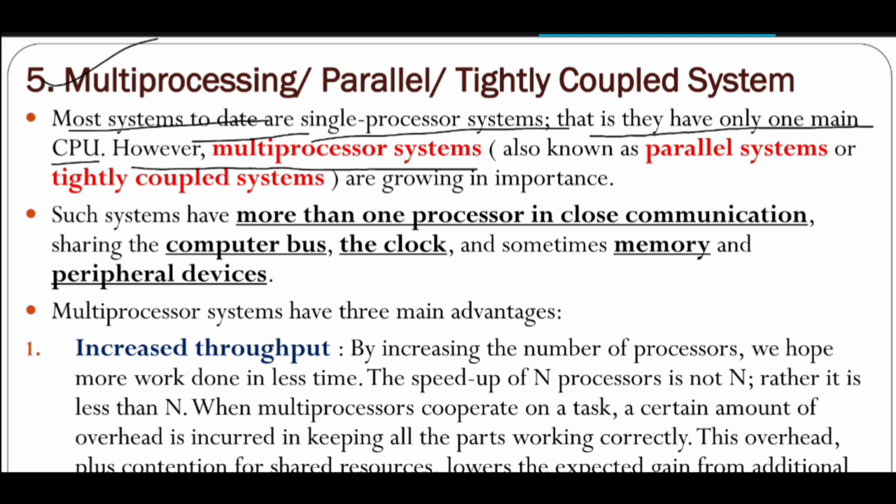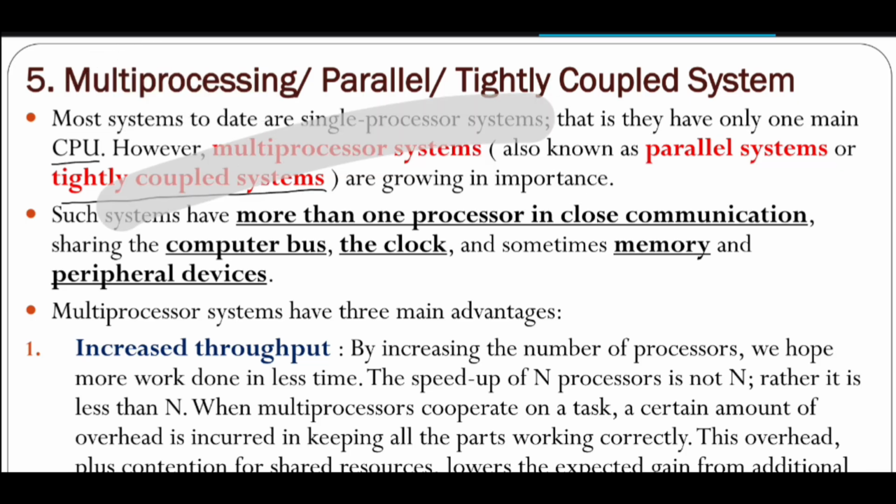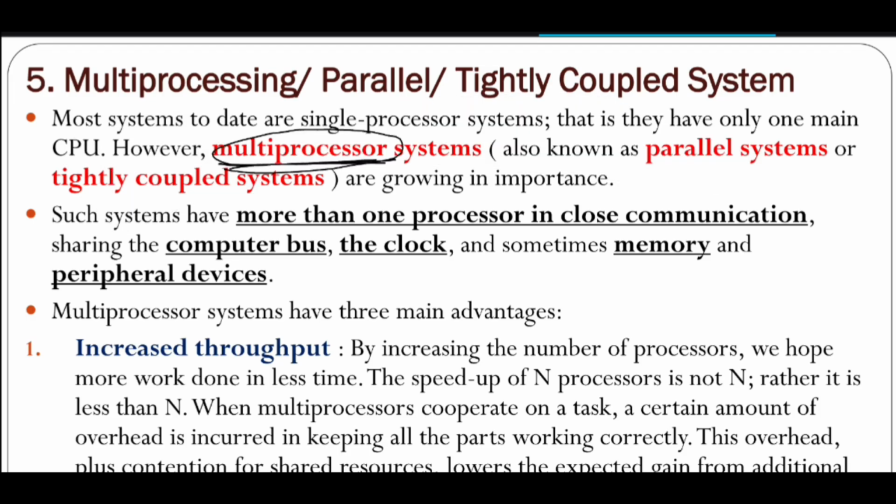However, multi-processor systems, also known as parallel systems and tightly coupled systems, are growing in importance. First you have to understand what a multiprocessor is. Multiprocessor means multiple microprocessors. In a multiprocessing OS, multiprocessor systems means multiple microprocessors.